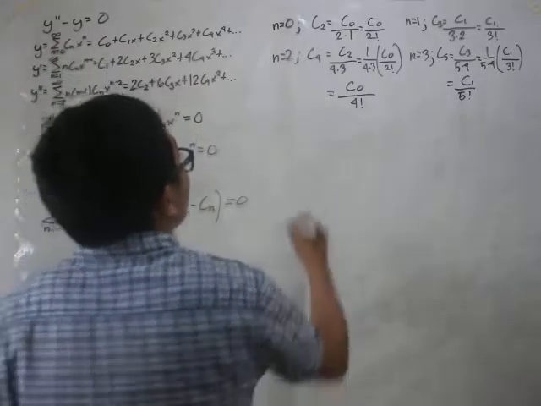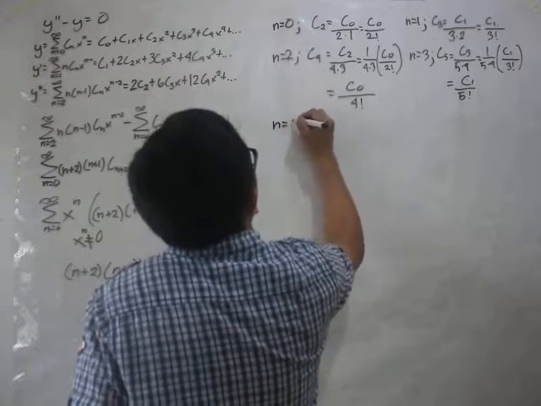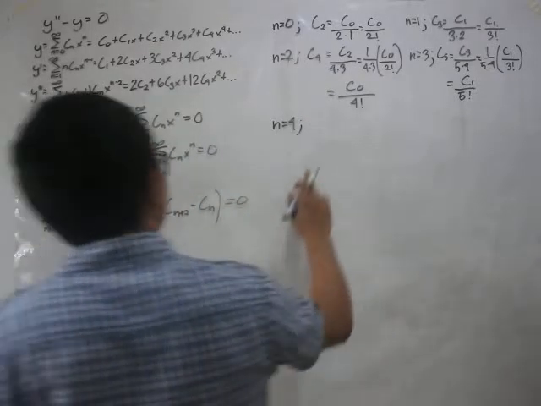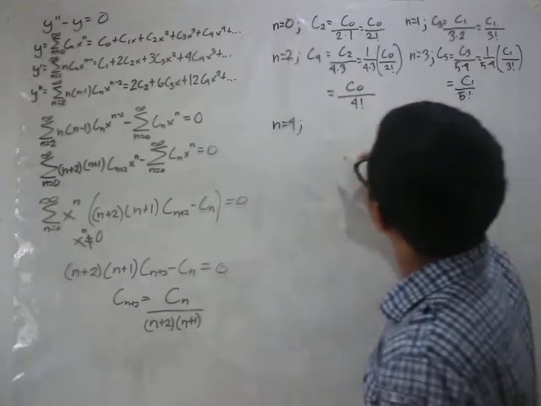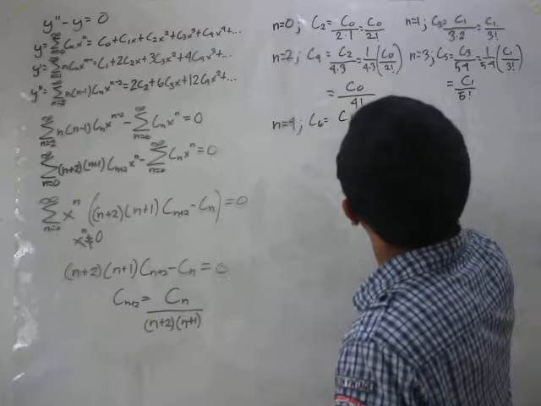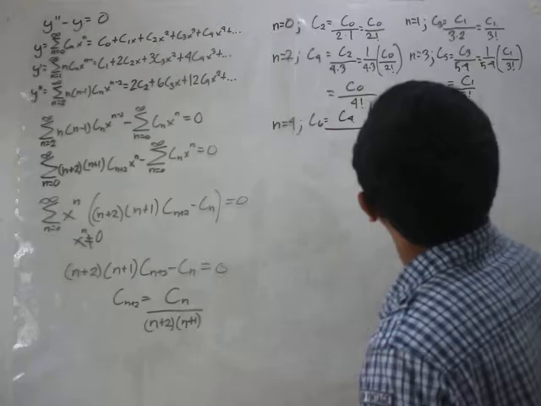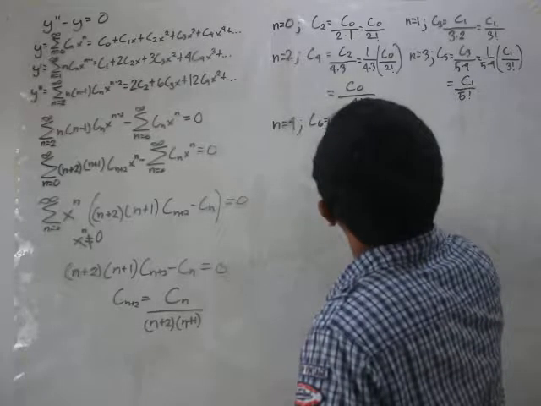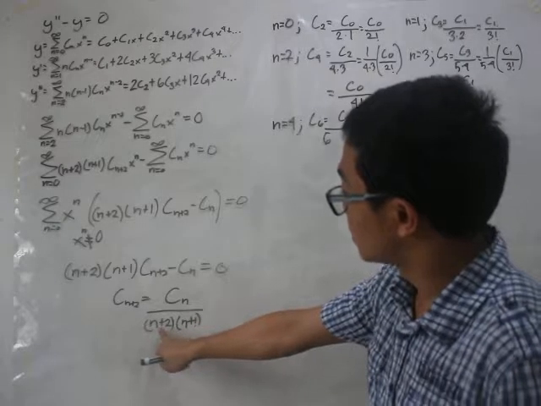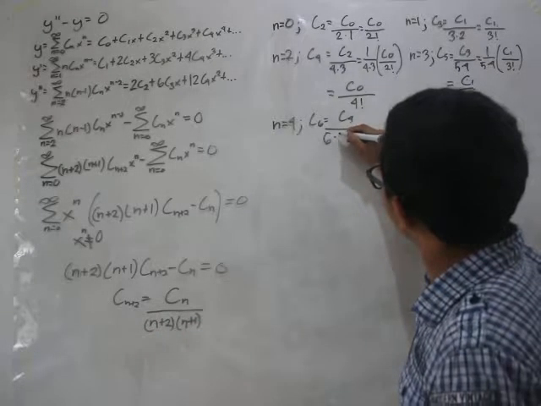There. Next is n equal to 4. If n is equal to 4, we have c6 is equal to c4 all over 6 times 5.